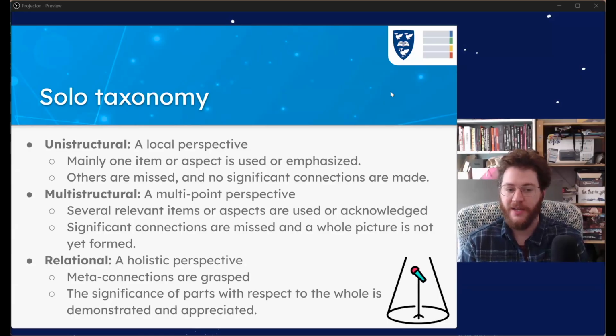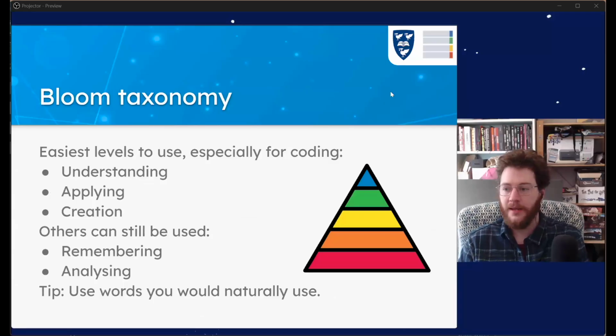And then you have the relational, which is the holistic perspective. Meta connections are grasped, and you get to see the significance of parts with respect to the whole, which is demonstrated and appreciated. This is all in the document we'll be looking at today for group activities.